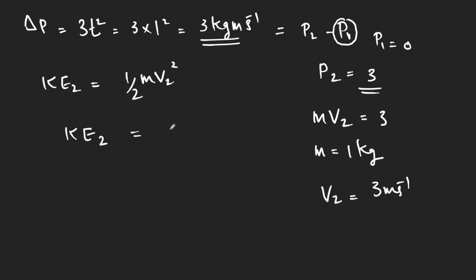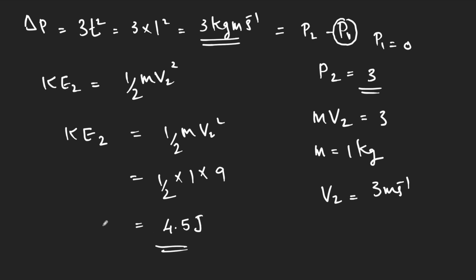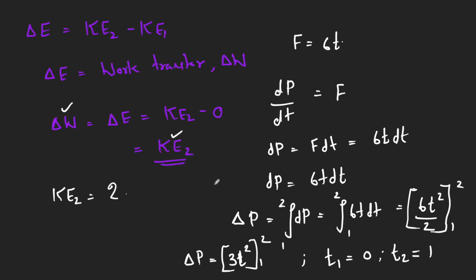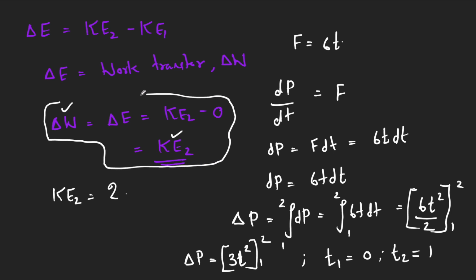So kinetic energy at 2 must be half m v2 square, which is half into 1 into v2 square, which is 9. That means 4.5 joule kinetic energy at 2. And what was our question? The question was to determine delta W. We know delta W, the work transfer, is equal to KE2.